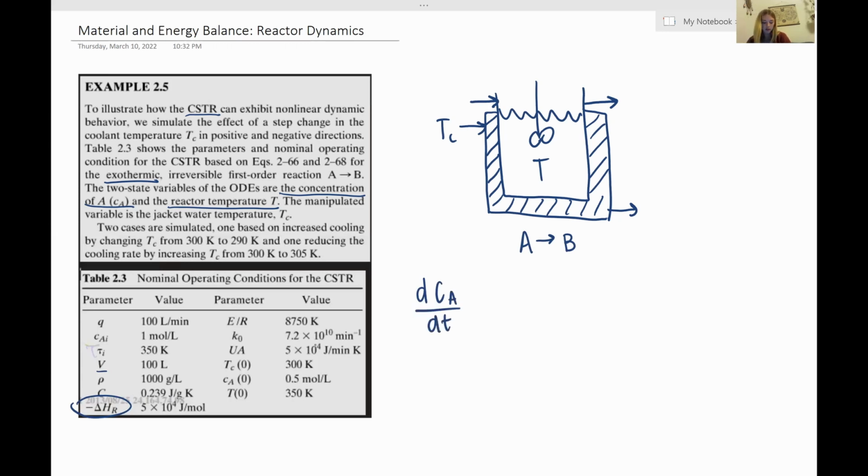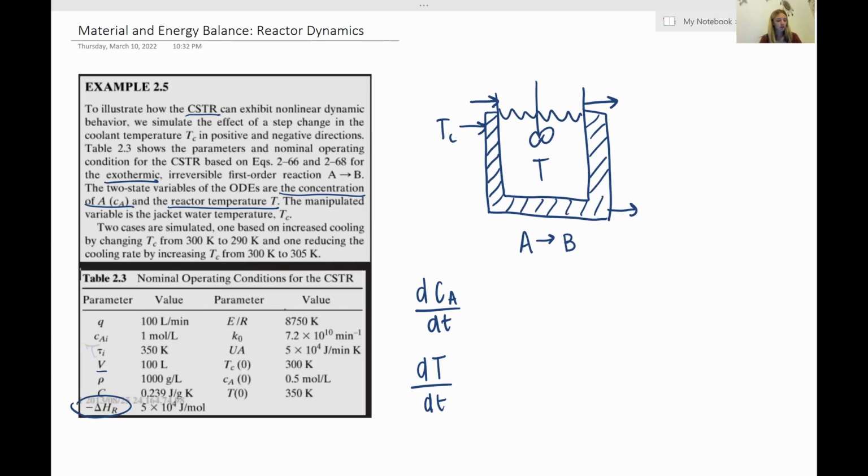That's the change in concentration of A over some time and the change in temperature inside of our tank over some period of time. And it looks like we also have another situation, increasing 300 Kelvin to 305 Kelvin.